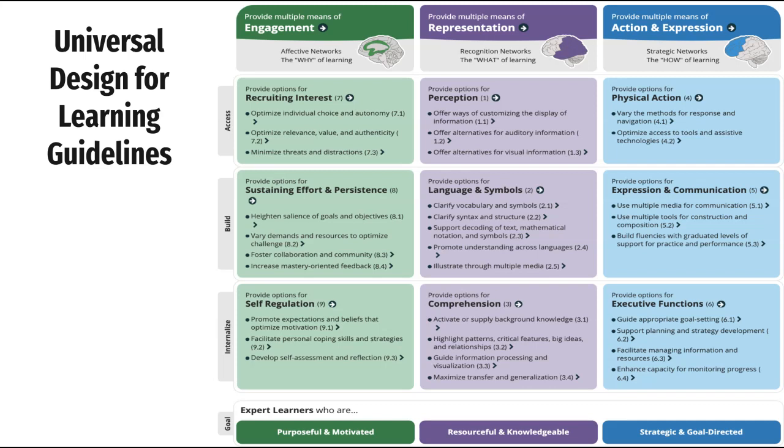If you have a course that has a lot of vocabulary and symbols, are there ways to clarify the syntax and the structure as you describe the language and the symbols of the learning? And how are students comprehending? Are there ways to highlight patterns and critical features within the course so that students can be resourceful and knowledgeable in their learning?